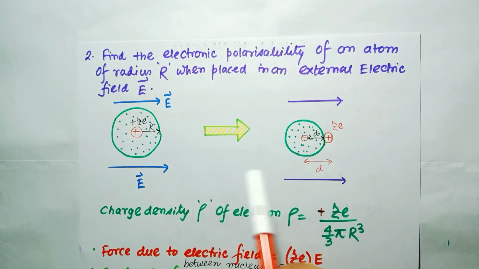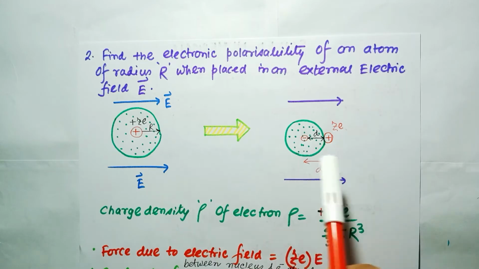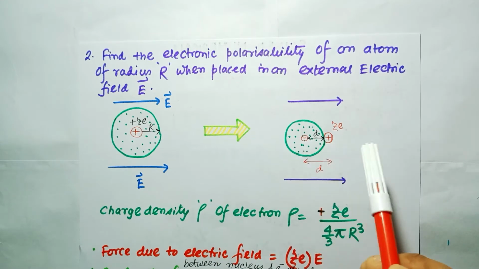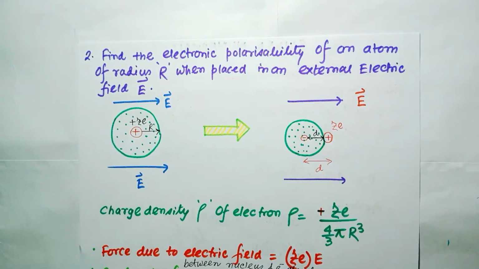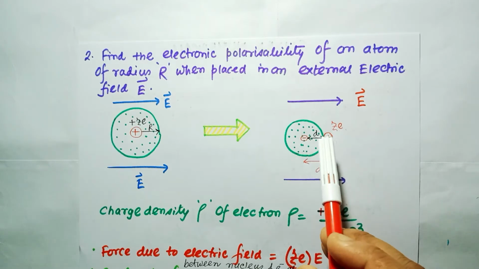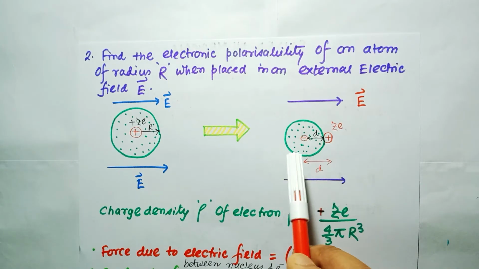After I place the atom in the electric field, you can see the positively charged nucleus moves aside in the direction of the electric field, and the negatively charged electron cloud moves in the opposite direction of the electric field.